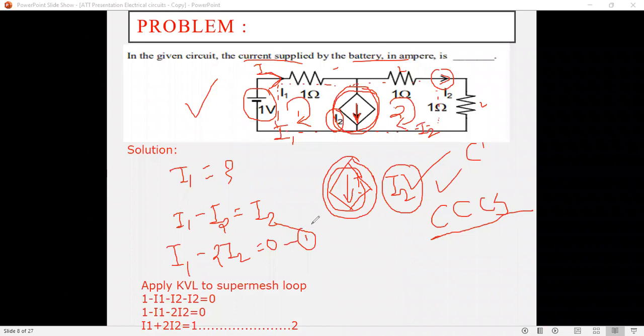By solving equation 1 and equation 2, tell me the answer. Solve these two simultaneous equations and tell the answer.